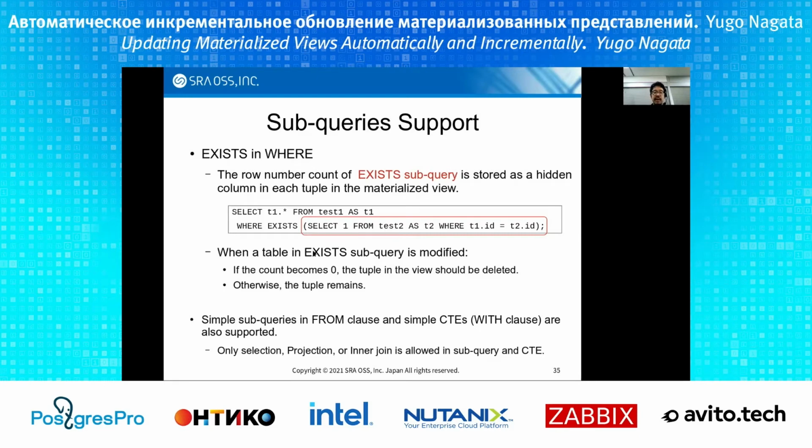And when a table in this subquery is modified, in this case, table 2 is modified, if the count becomes 0, the tuple in the view should be deleted. Otherwise, the tuple remains because this EXISTS condition is true.